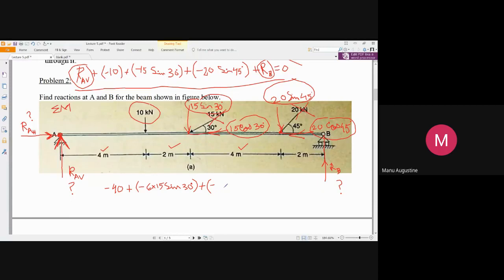Some of you are directly calculating, which is a good thing, but I will have to put it here so that everybody sees and understands. So what is the total distance? 4 plus 2 plus 4. What does that make it? 10. 10 meters multiplied by the value of the force, that is 20 sine 45.